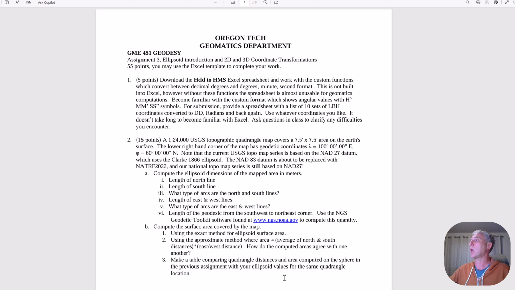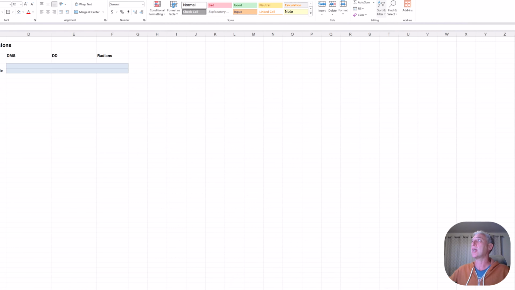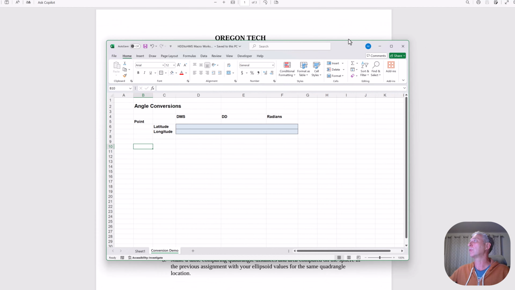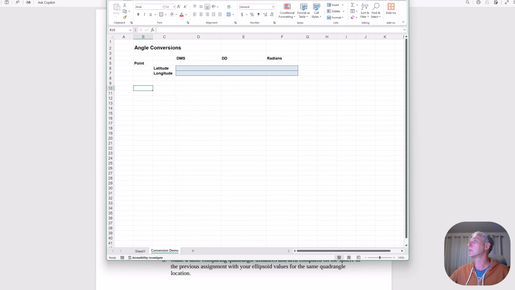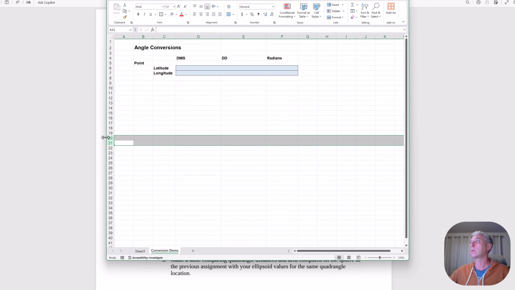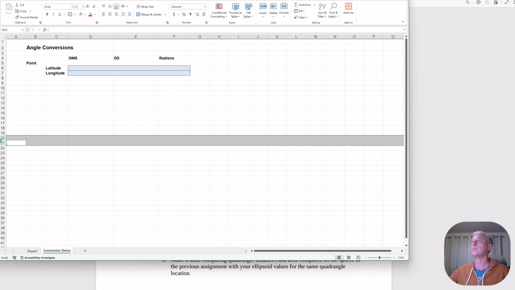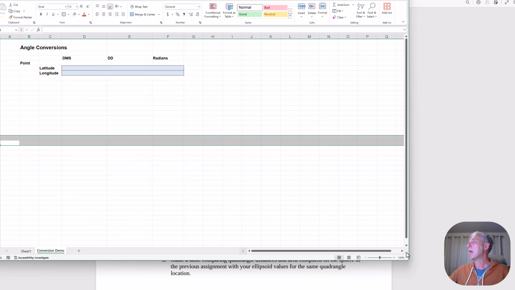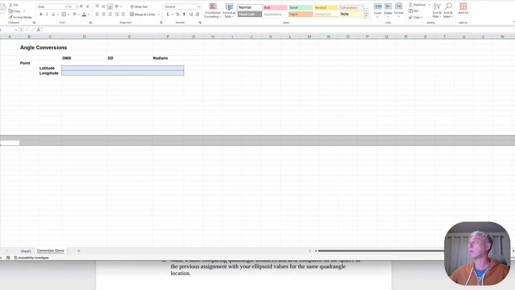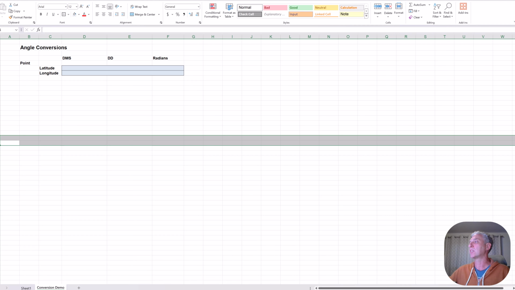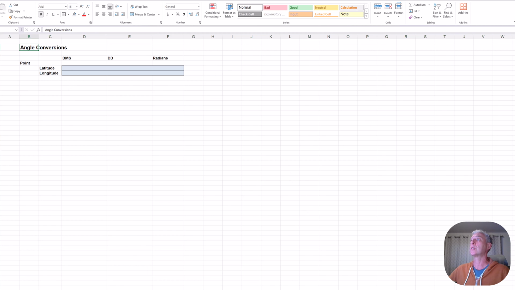So problem 1, all you need to do is make sure you have that HDD to HMS worksheet downloaded. And I should probably size this to make sense to you. There we go. And you can create a spreadsheet however you like. This is just a suggestion or an idea. So angle conversions, if you make something like this, the nice thing is you can just copy and paste.